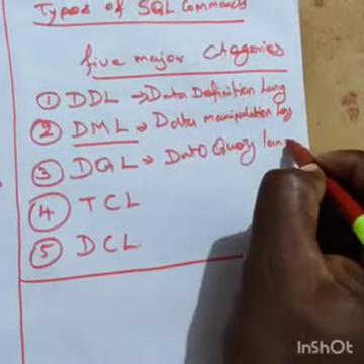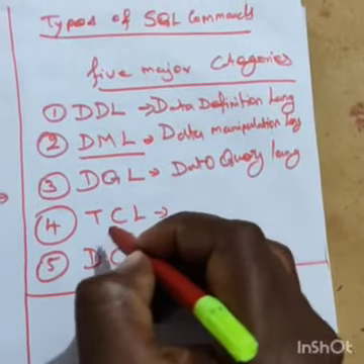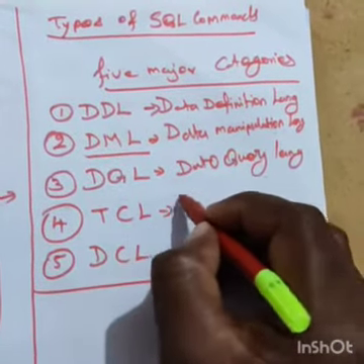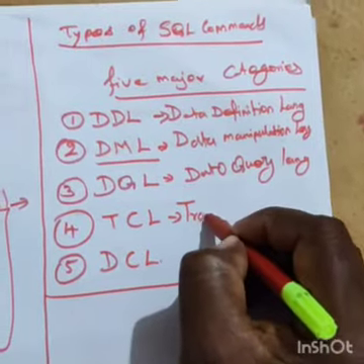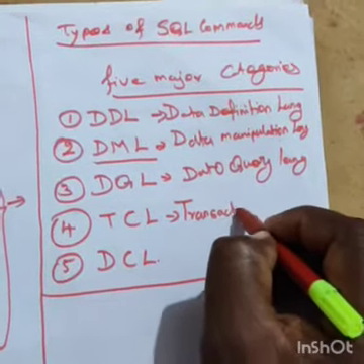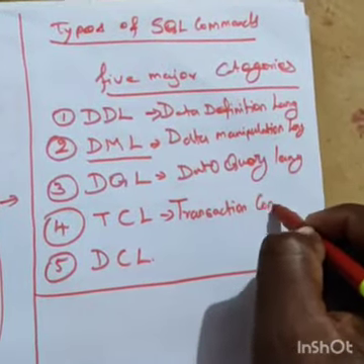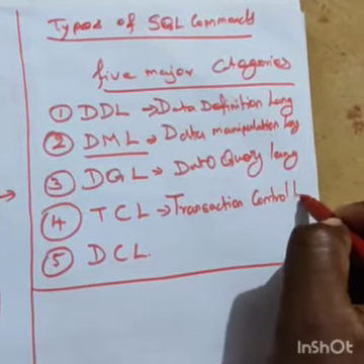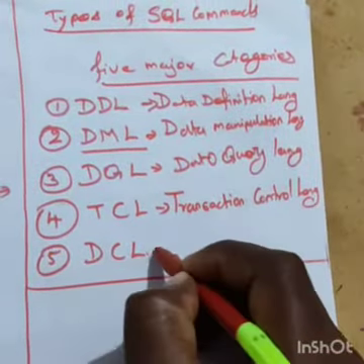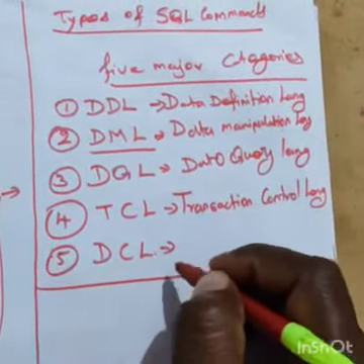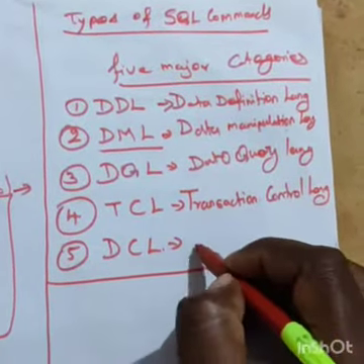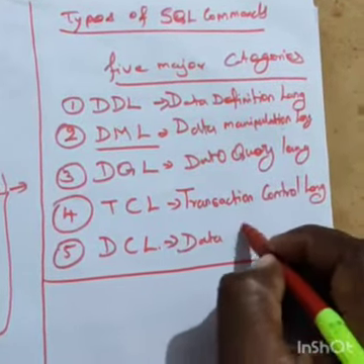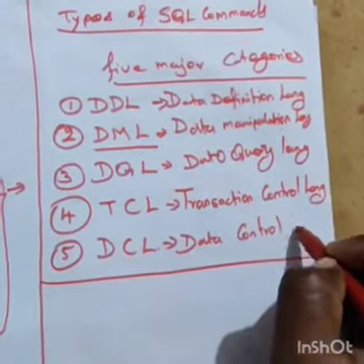TCL means transaction control language. DCL means data control language.